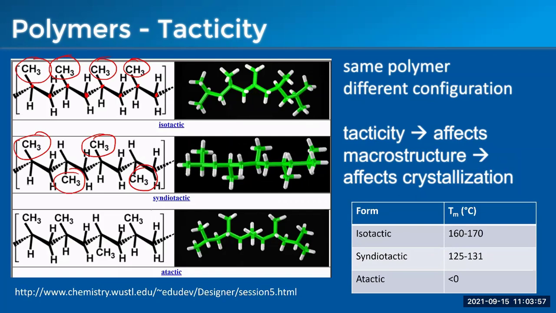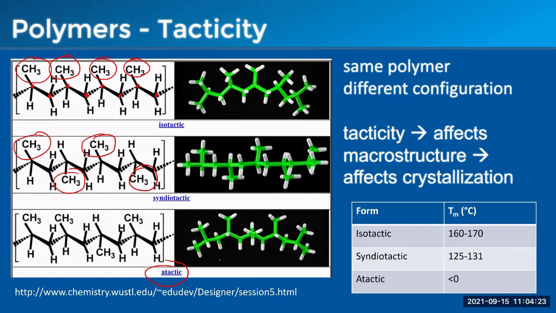That's called syndiotactic, when there's some kind of alternation in the pendant groups. Or if it's just completely random, these pendant groups, there's no pattern to what side of the chain they end up on, we call that atactic. And so we've got 2 methyl groups on this side of the chain, and then 1 on the other, and then we come back to this side of the chain. There's no pattern in an atactic polypropylene configuration.